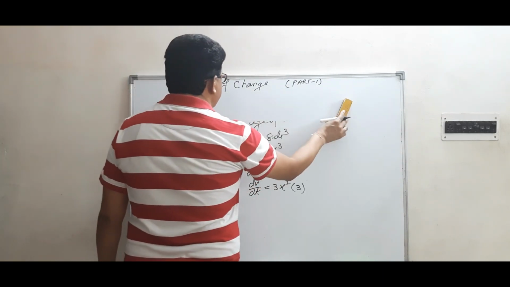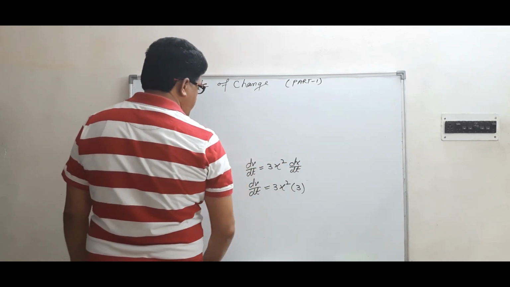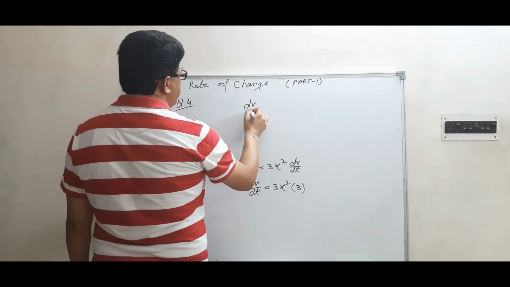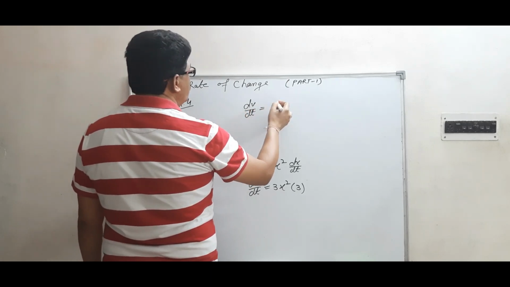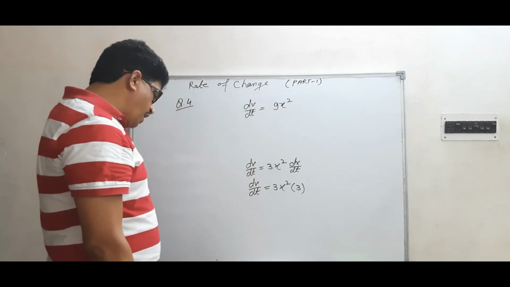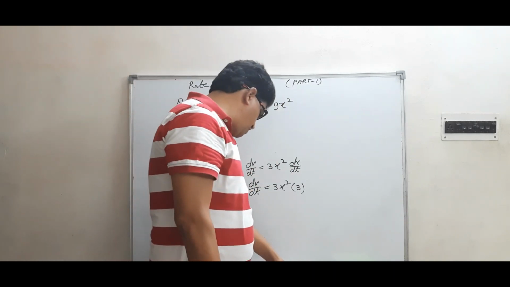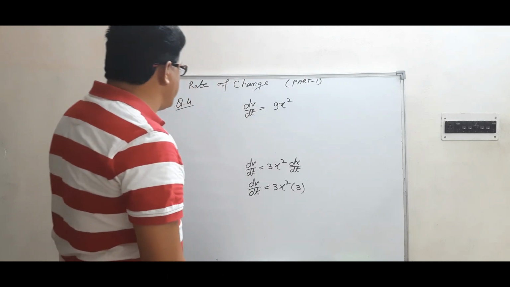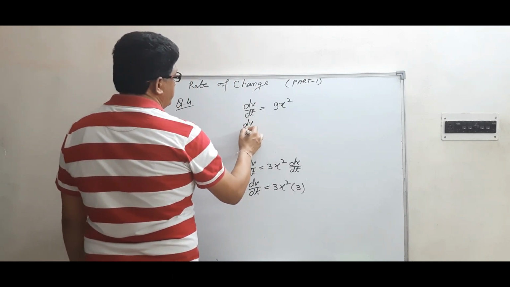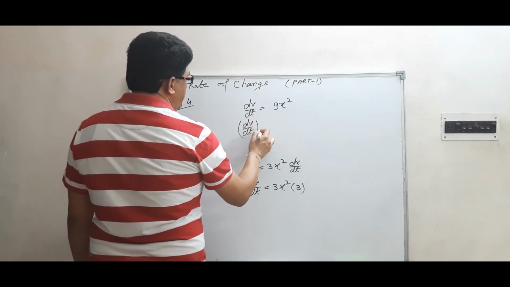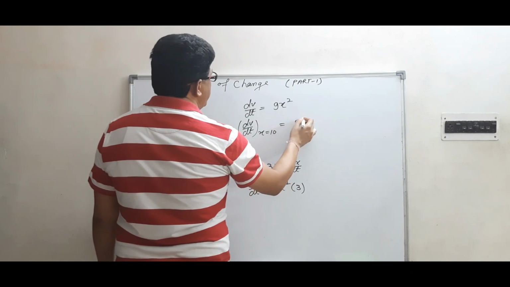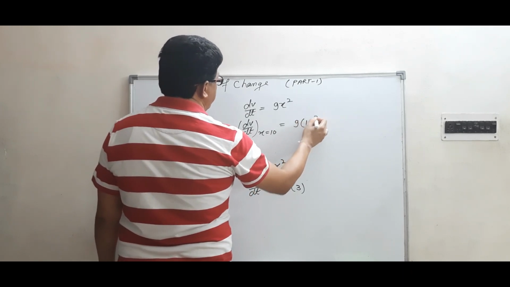So we will get dV upon dt is equal to 9x square, and we have to find dV upon dt when x is 10 centimeter. So dV upon dt at x equals 10 is 9 into 10 square.